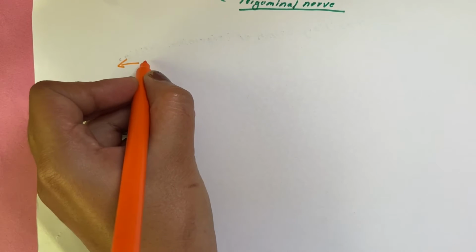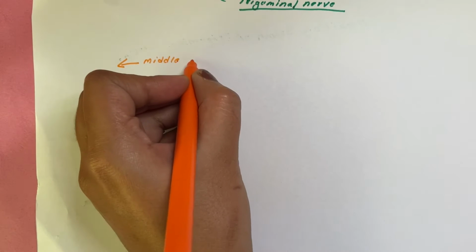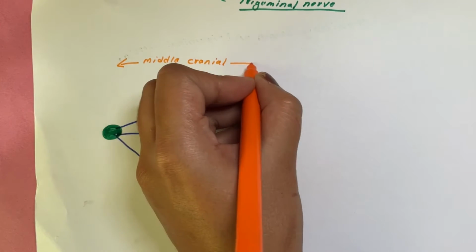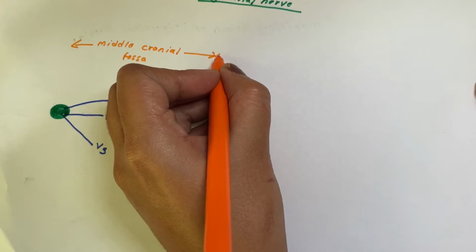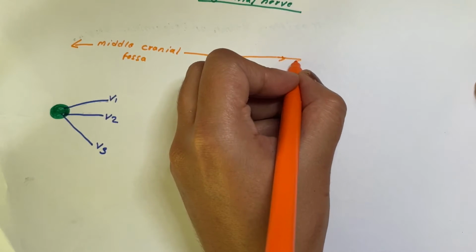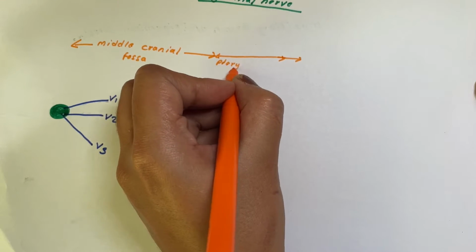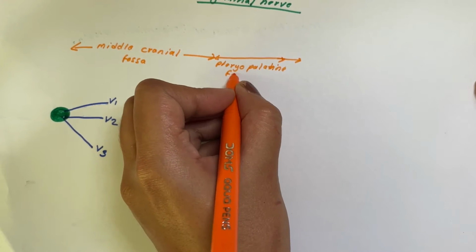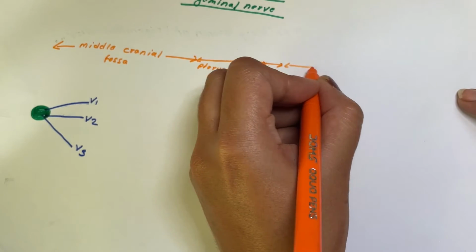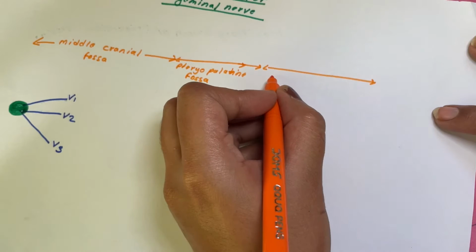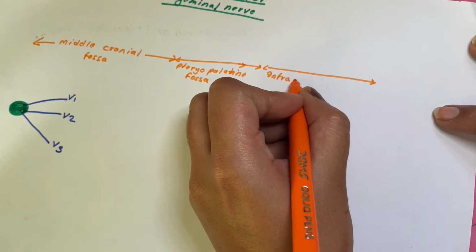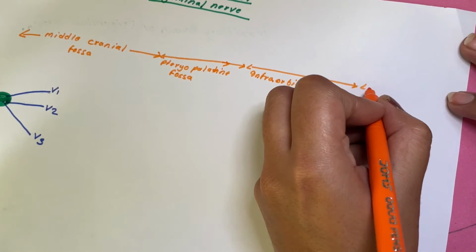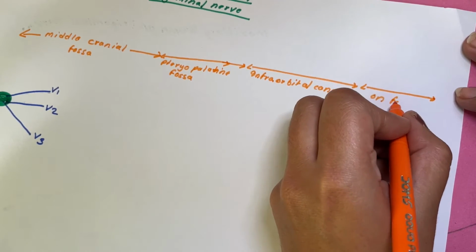The first one is the middle cranial fossa, the second one is the pterygopalatine fossa, the third one is the infraorbital canal, and the last one is on the face.